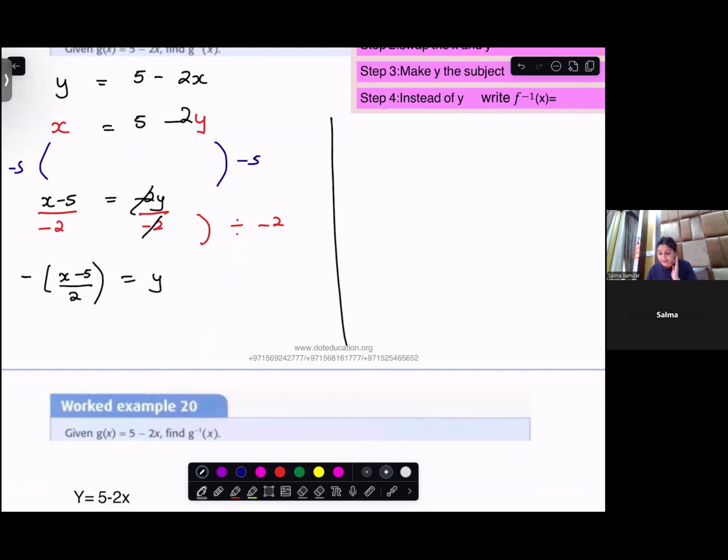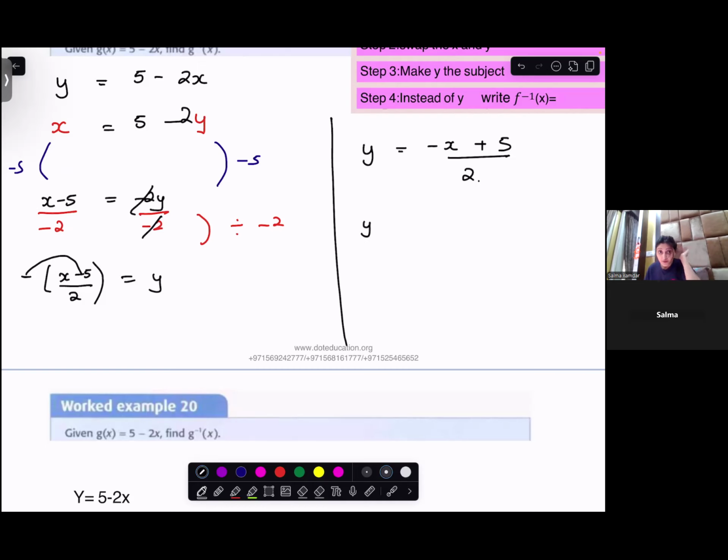Now we don't need minus outside. I need minus inside. So I will multiply minus, it becomes minus x. Minus into minus is going to become plus 5. So this is going to be minus x, and minus into minus becomes plus 5, divided by 2.